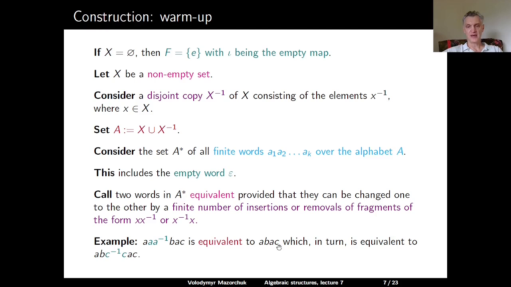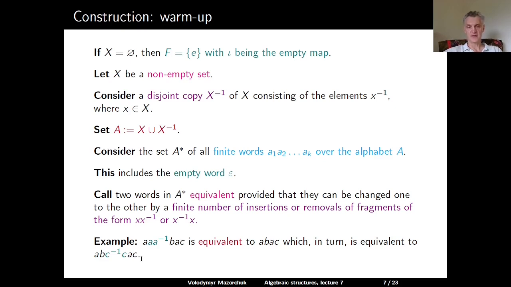In turn, abac is equivalent to abc^{-1}cac because we can insert c^{-1}c. So the first word a^{-1}bac is equivalent to abc^{-1}cac.